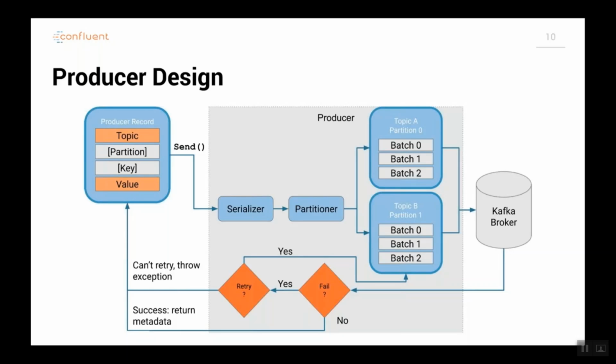Okay. The next step is that we execute a partitioning function against your message to determine which topic partition that message should be sent to. In our last session, we talked about how partitioning can be done either based on the key of the message using a hash-based partitioning formula, or round-robin partitioning when your messages don't have keys.